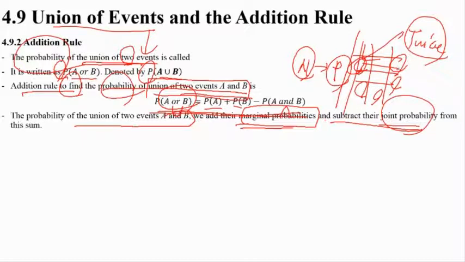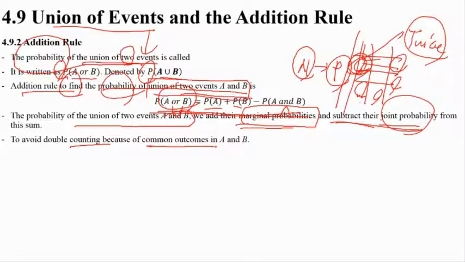The marginal probabilities are the totals, like male, female, or at least one medicine in the previous example, and we subtract whatever is counted twice. This avoids double counting because of the common outcome A and B. The twice-counted part should be subtracted. By the way, it's not corona, okay?